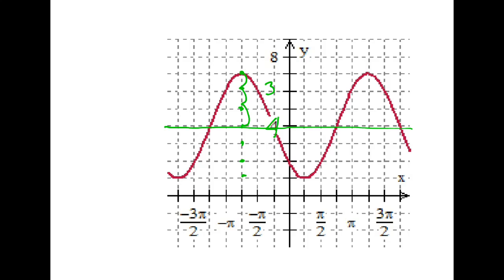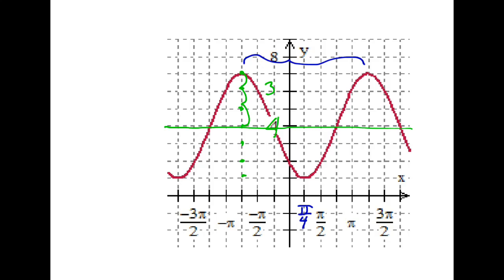We have to decide what the period is, so let's measure from max to max. Now it looks like each of these is pi over 4, each tick mark, because we cut pi over 2 in half and we get pi over 4.